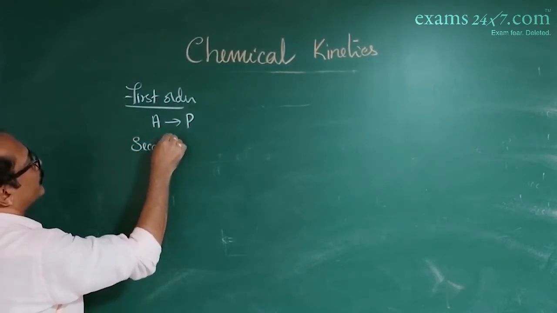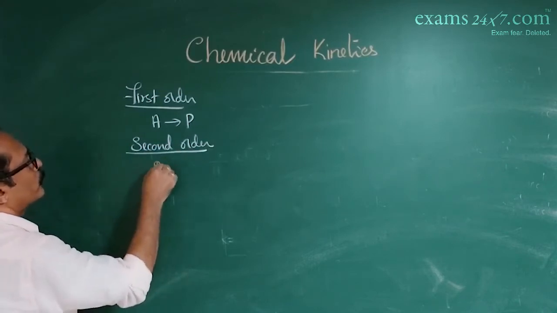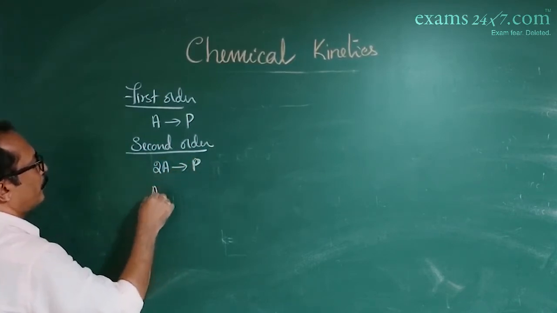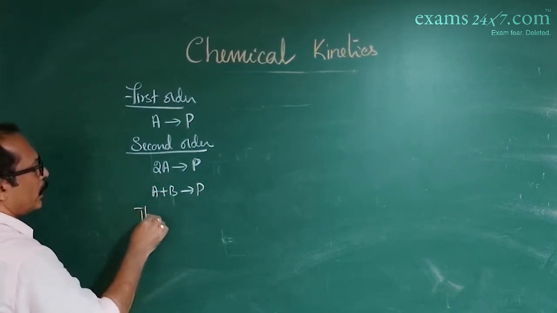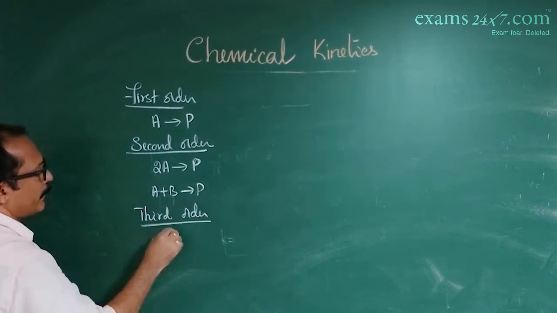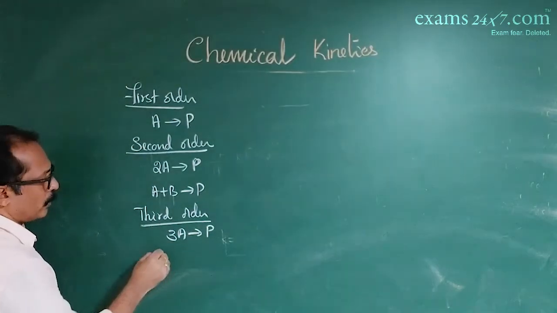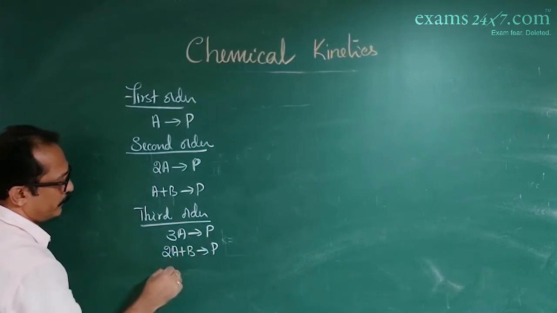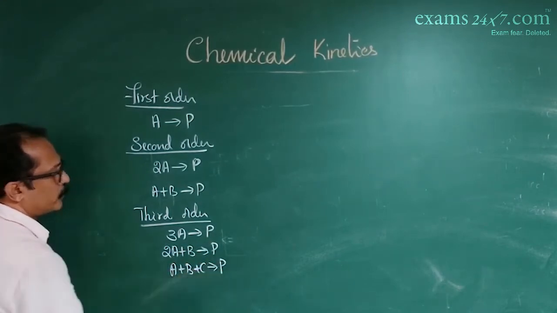Second order reaction: 2A gives product, or A plus B gives product. Third order reaction is in 3 ways: 3A gives product, or 2A plus B gives product, or A plus B plus C gives product.